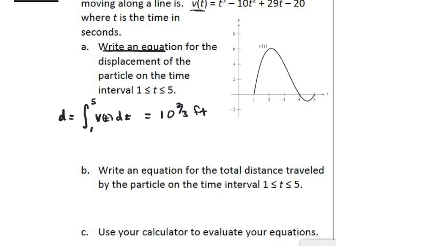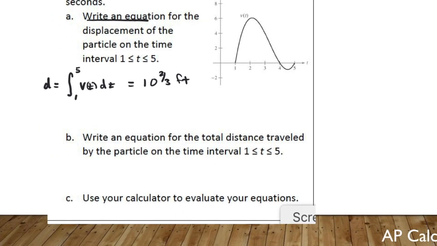For our next equation, we're going to write an equation for total distance. Now, total distance is the absolute value, so we're going to go from 1 to 5. Total distance is going to be your absolute value of your velocity. So write that in. Let your y1 equal the velocity equation you were given. Don't forget dt.